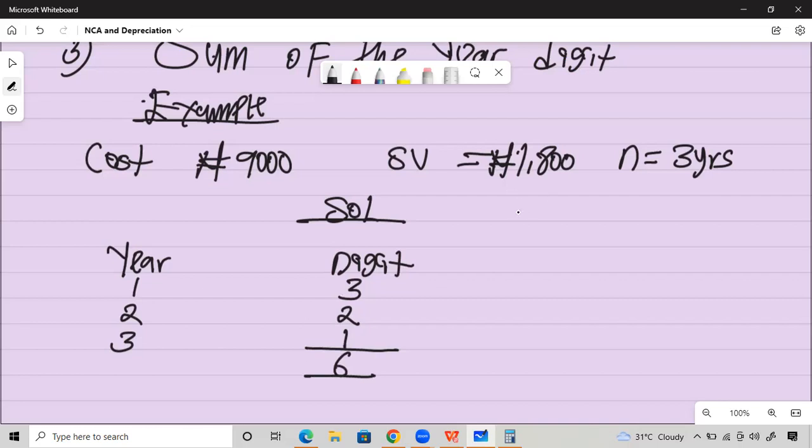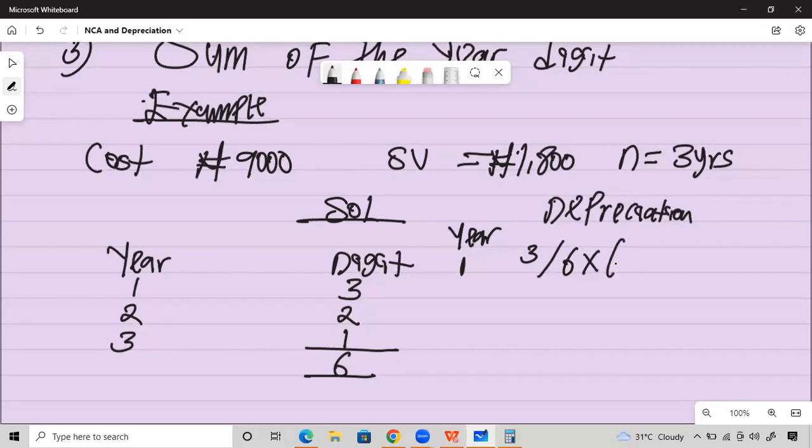So if you want to calculate the depreciation, for year 1, it will be 3 divided by 6, the total, multiplied by the depreciable amount. The depreciable amount is the cost, 9,000, minus the scrap value.